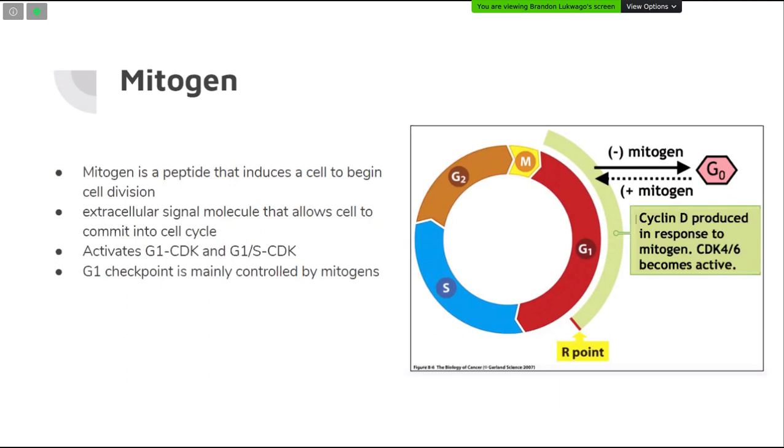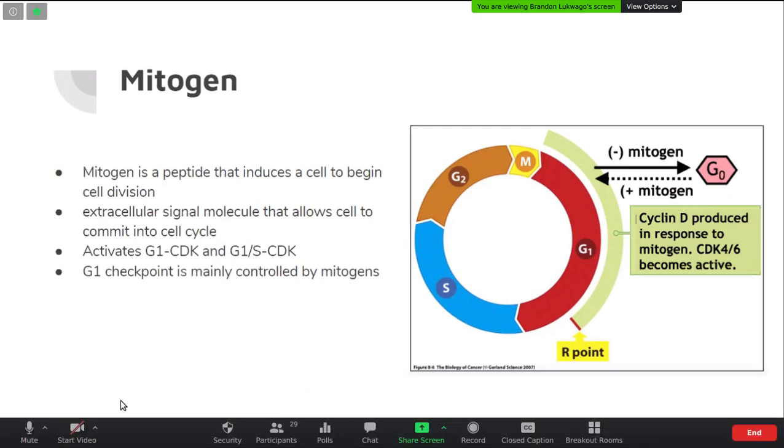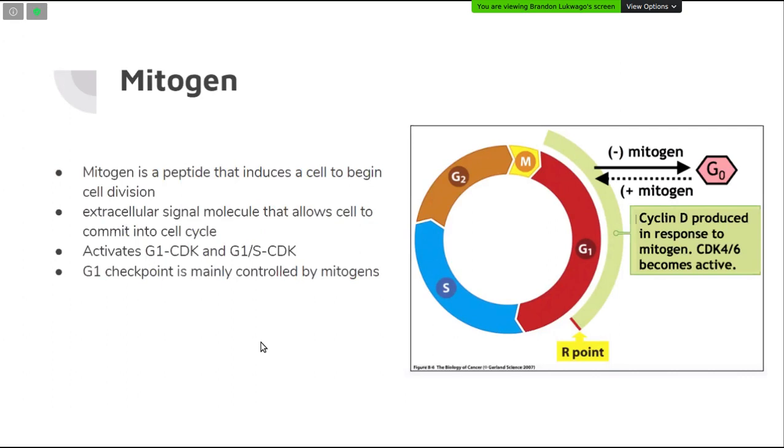As you can see in the picture, when mitogens are activated, they allow cyclin D levels to increase, which binds to CDKs and becomes activated. Whereas in the absence of mitogens, cyclin D levels are too low to bind to CDKs. So the cell enters a G0 phase, and it doesn't commit into the cell cycle.